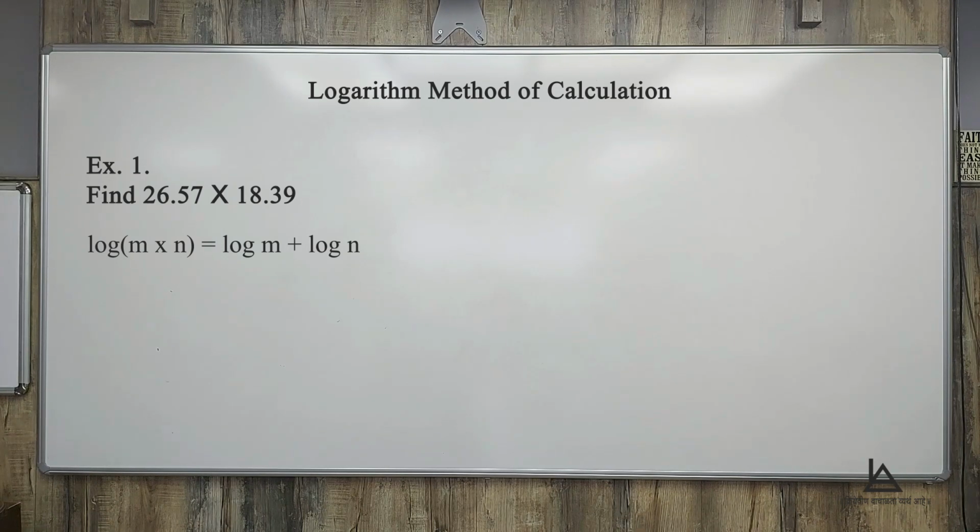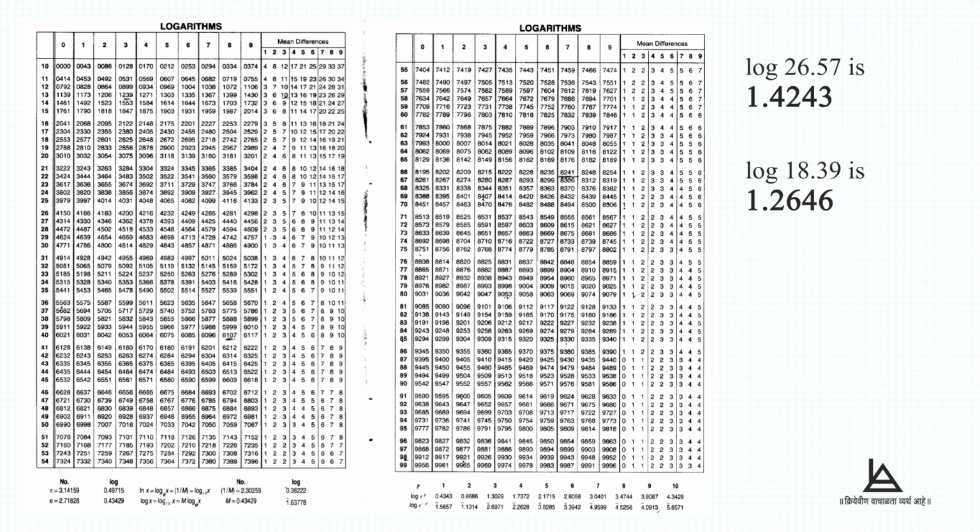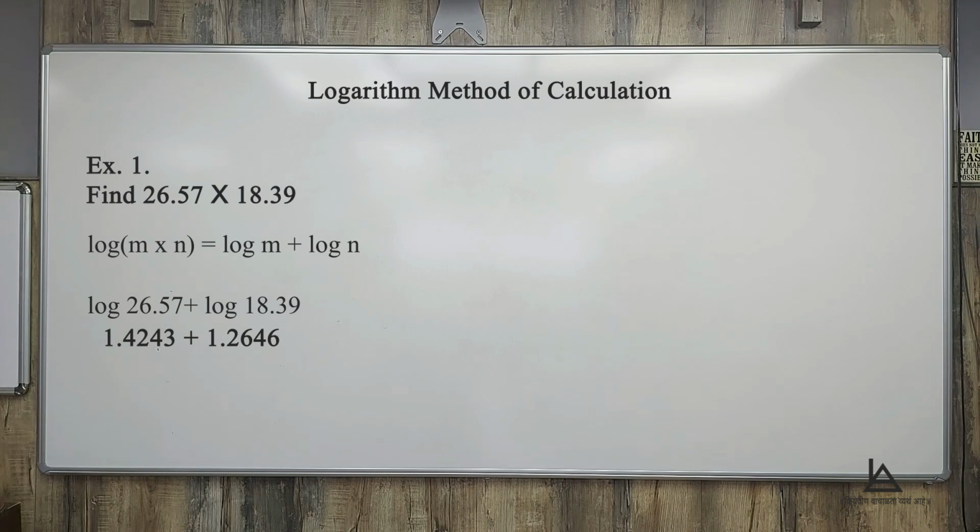So log of 26.57, if you use the log table now and use the trick that I have taught you, comes out to be 1.4243. Remember, here you found out characteristic as well as mantissa. Log of 18.39 turns out to be 1.2646. That means now you have ended up finding the powers of 10.